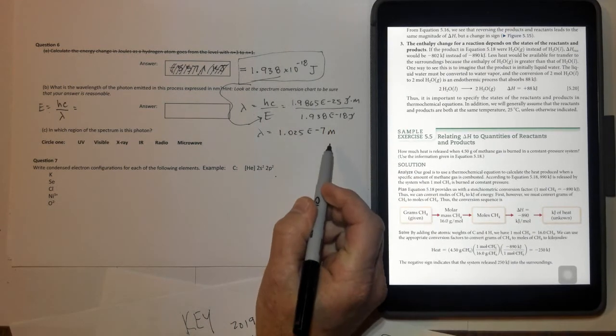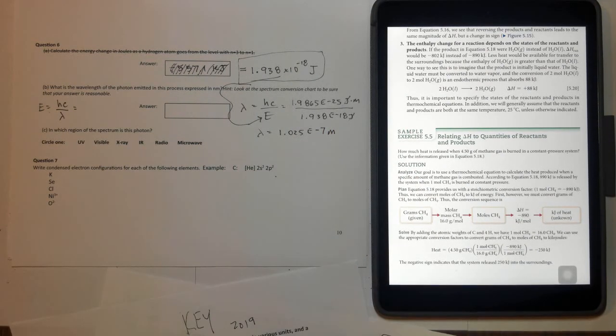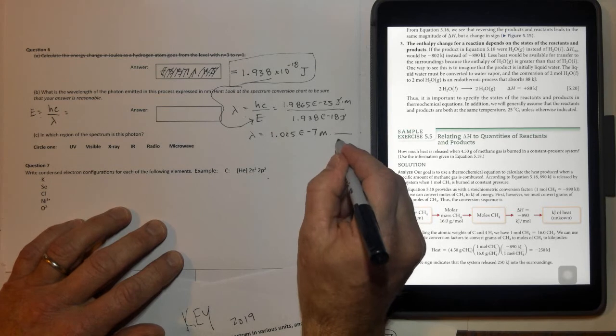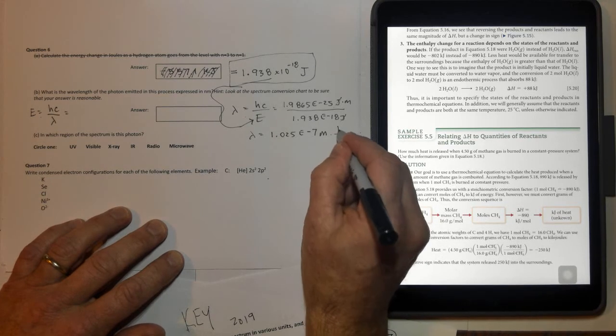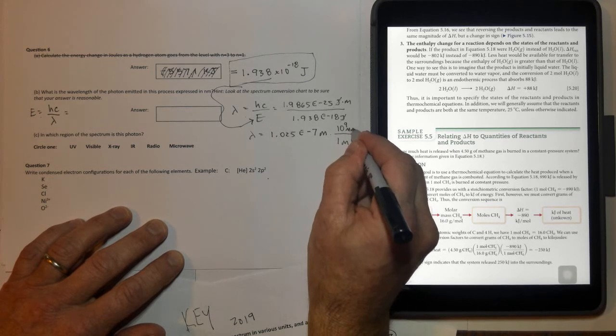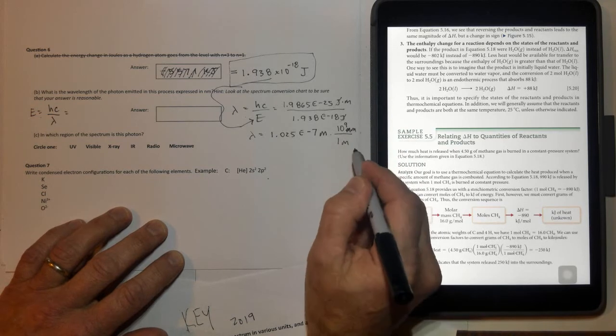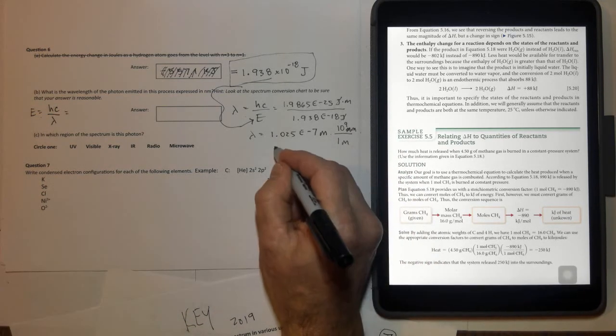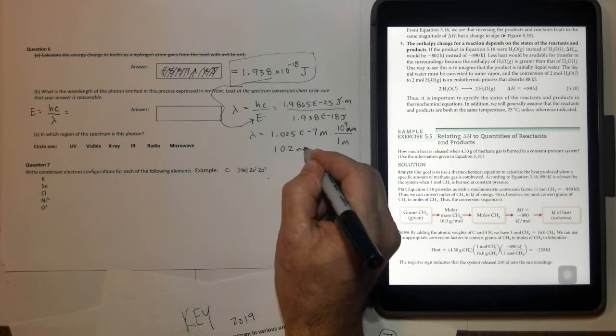And of course we want to get this in nanometers, because then we could just compare it to our 100 to 1,000 in here. And of course, meters to nanometers, in 1 meter there are 10 to the 9th nanometers. Nm right there. And so then add those two exponents and you end up with positive 2. So we'd end up with about 102 nanometers.